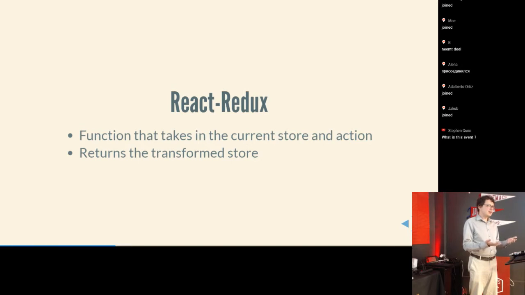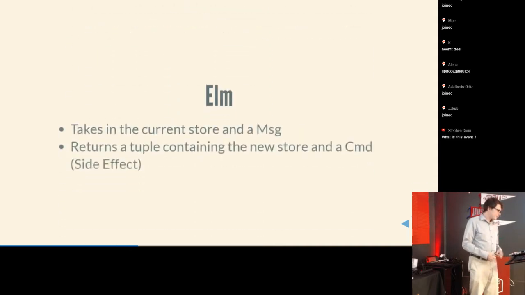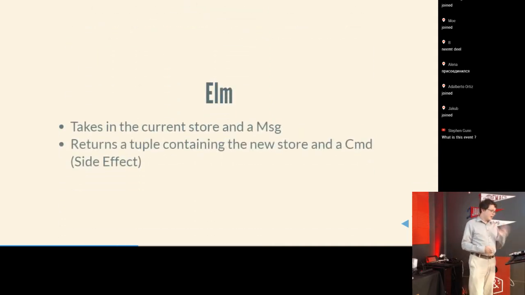Usually there's a switch statement in there, which depends on which action was passed in. In Elm, this is very similar. It takes in the current store and a message, and then it returns a tuple containing the new store and a command. And commands are how we produce side effects, which I'm going to go into next.